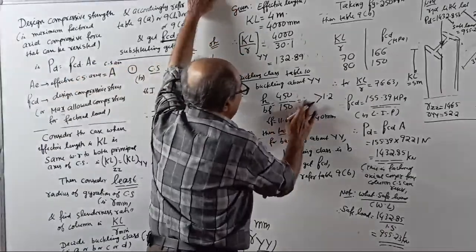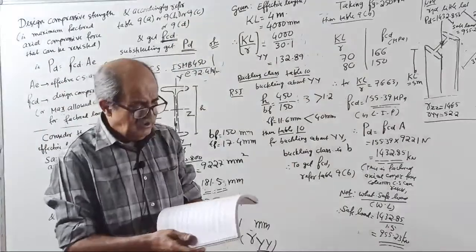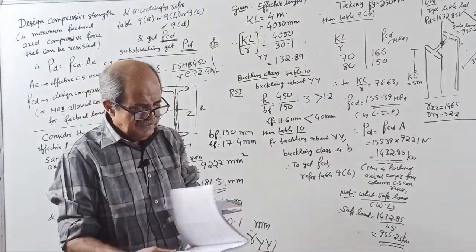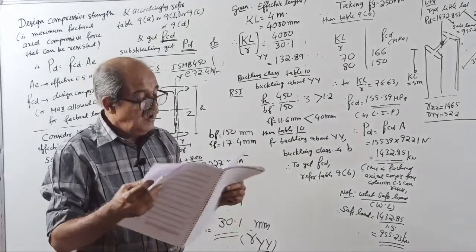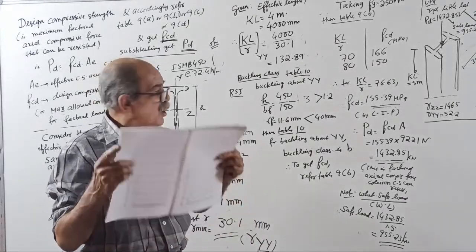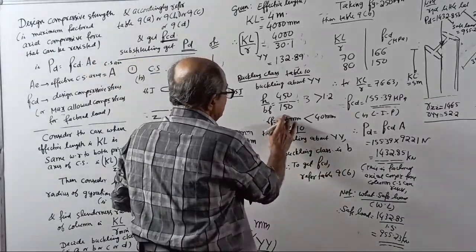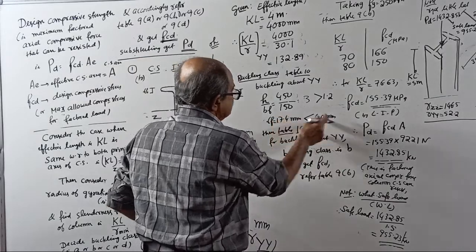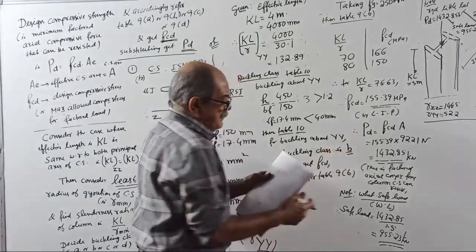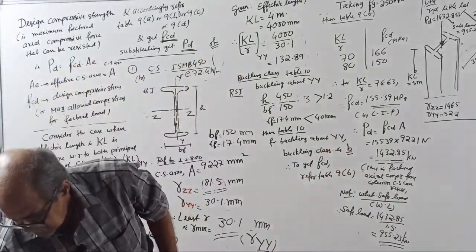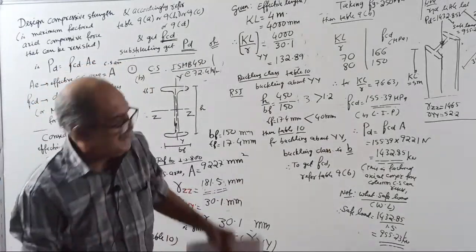If it is 3, again more than how much? Table 10. Again it is more than 1.2, and thickness of flange is 17.4, less than 40. So table 10, buckling class, once again B.